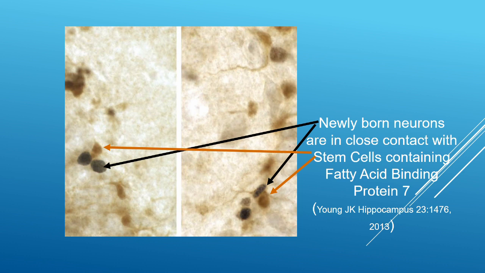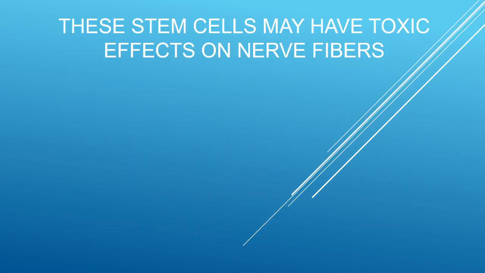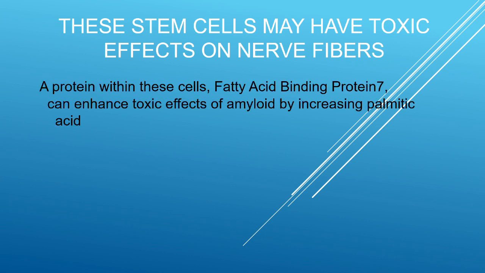One possibility is that toxic influences of this process of neurogenesis can somehow affect the axons that are terminating in this region, and the axons die back and cause the death of the entorhinal cortex neurons. So an understanding of this process of neurogenesis may be crucial for arriving at some sort of treatment for Alzheimer's disease. A number of features of these stem cells may have some toxic influences.